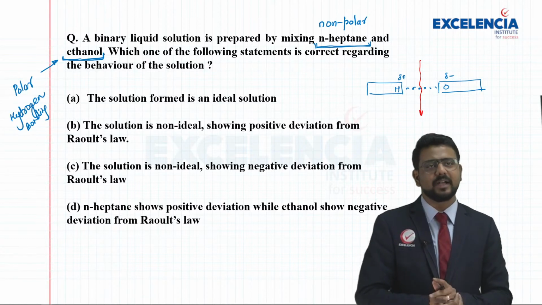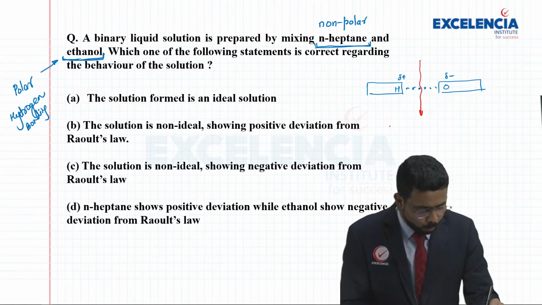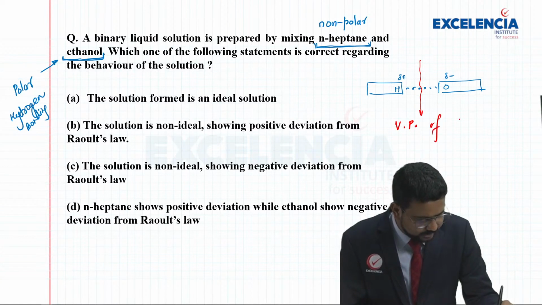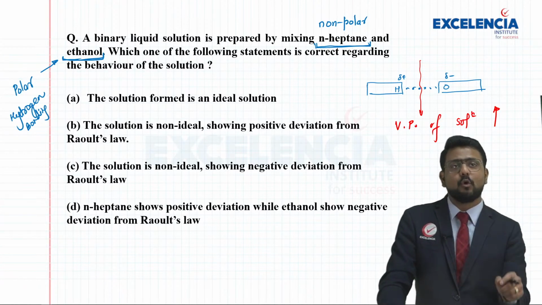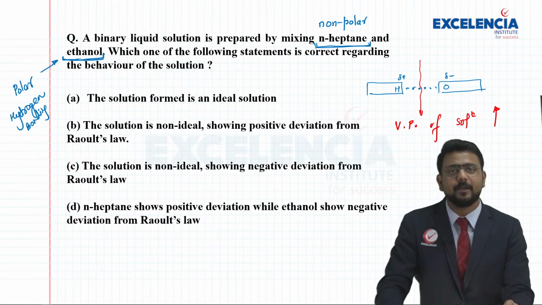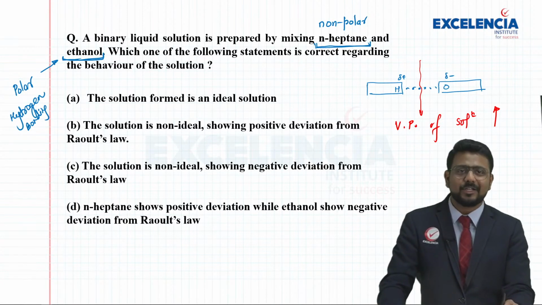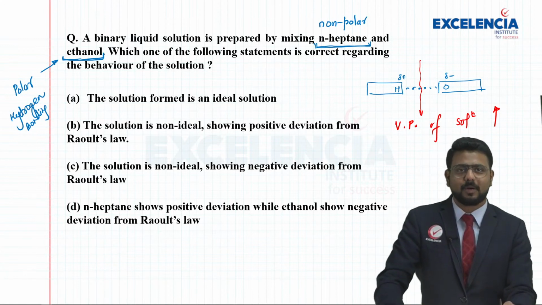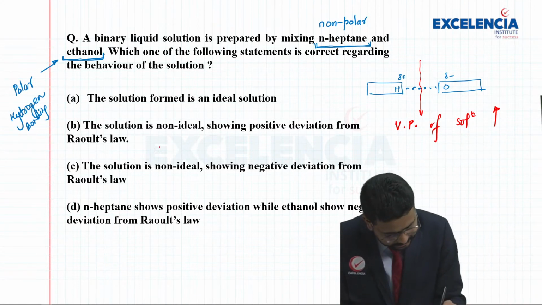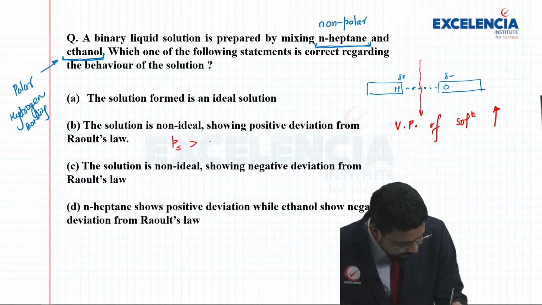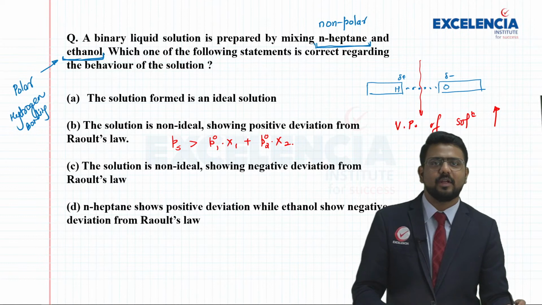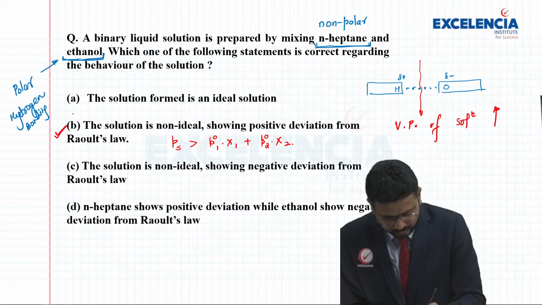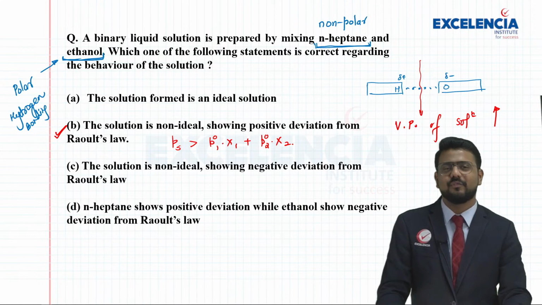And because the relative escaping tendency increases, the overall vapor pressure of this solution will also increase, right? So this mixture will show positive deviation from Raoult's law, because we can say here that Ps is greater than P1° times X1 plus P2° times X2, right? Yes, so definitely your answer here is B, that is it shows positive deviation from Raoult's law.